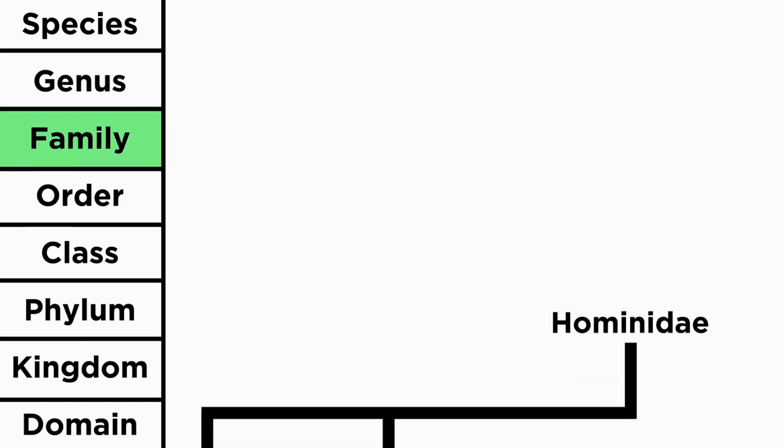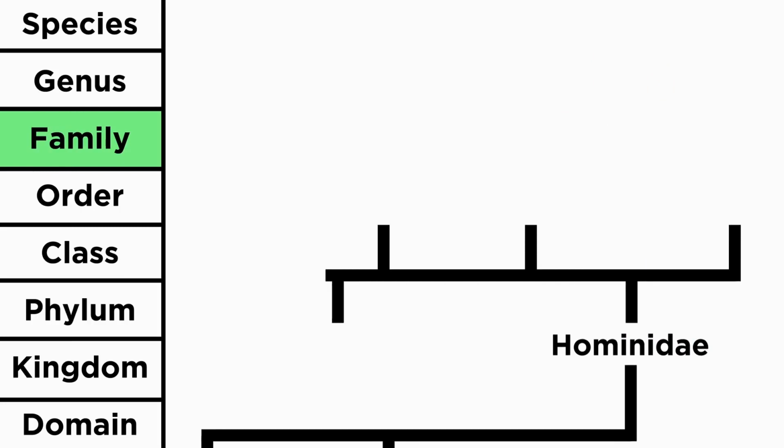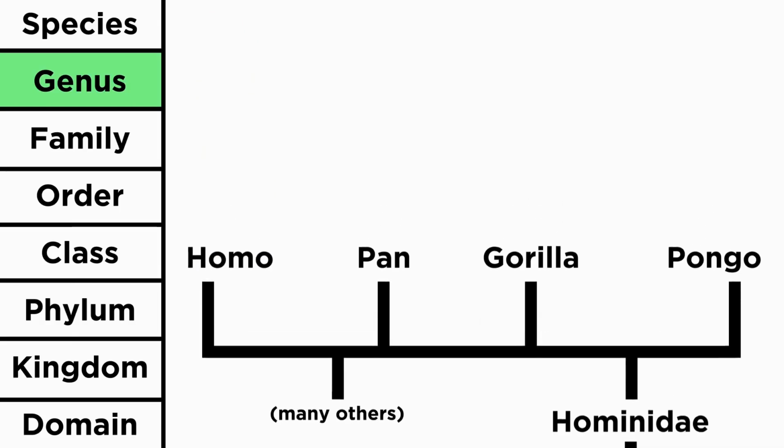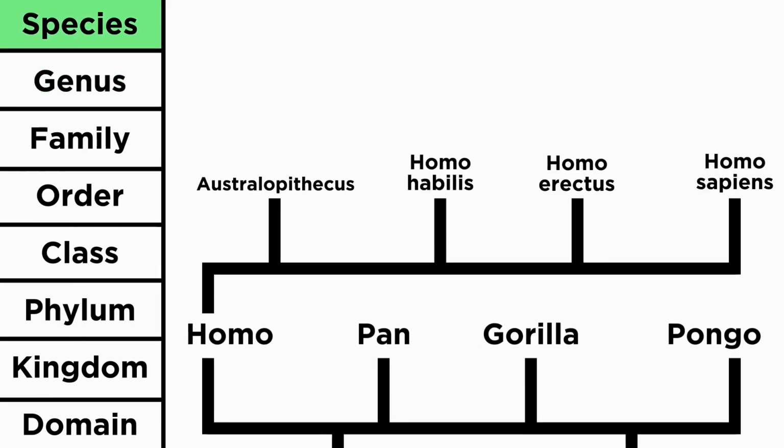Within Hominidae, every organism belongs to a particular genus, and that's where we diverge from the apes. Our genus is called Homo, which means man in Latin. Within a genus, there are several species, and all the species within the genus Homo are now extinct, except for Homo sapiens, and that's us.